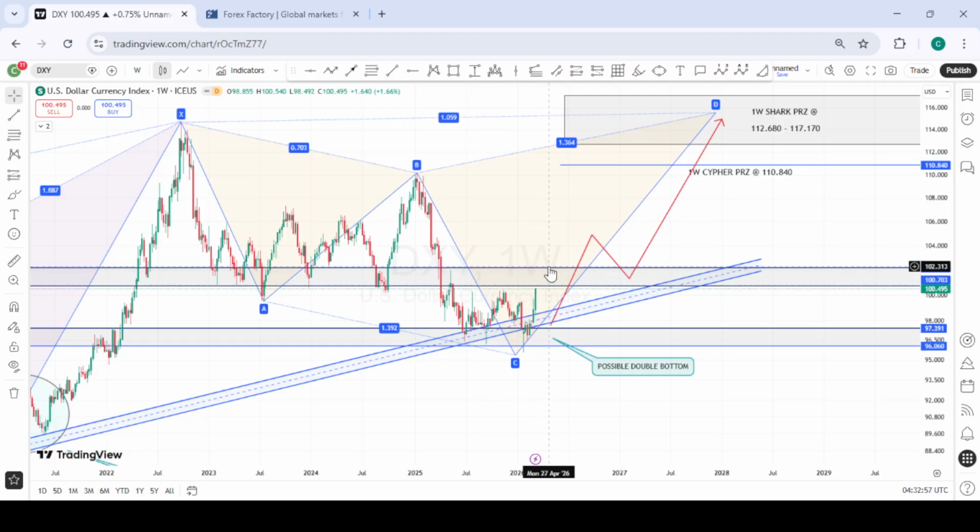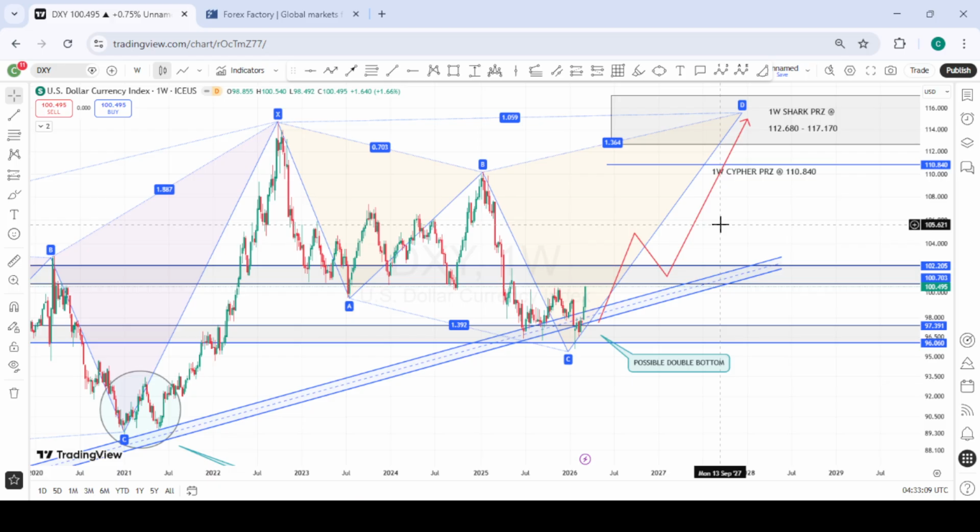If we're able to clear this neckline and come for a retest, then we know that we are likely going to see the completion of this cipher or shark harmonic pattern. So we are only going to be looking for longs, or DXY strength, for the coming weeks or months ahead of us.